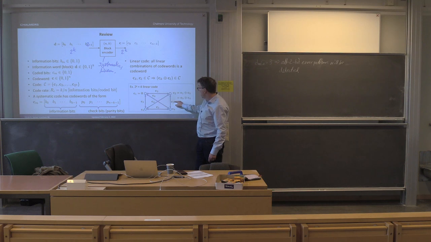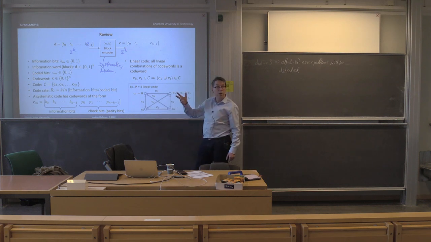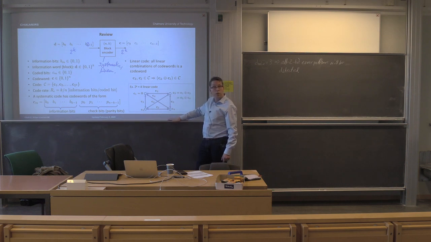So if we think of this as an error pattern, and this as the transmitted code word, we would end up in another code word. If this is the transmitted code word, we would end up in another code word if the error pattern is either C3, C4, or C2. And these are the only possibilities. Any other error pattern will fall outside the code words. So did that explain it? Yeah, exactly. So if we have a description of the code words, we know what the undetectable error patterns are.